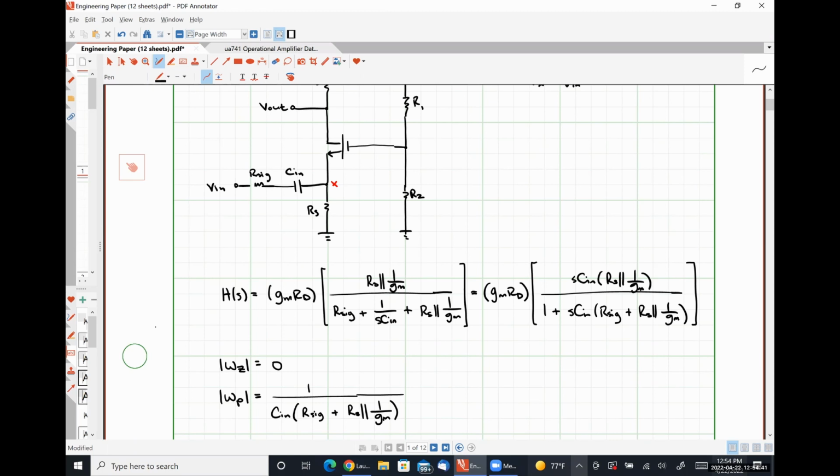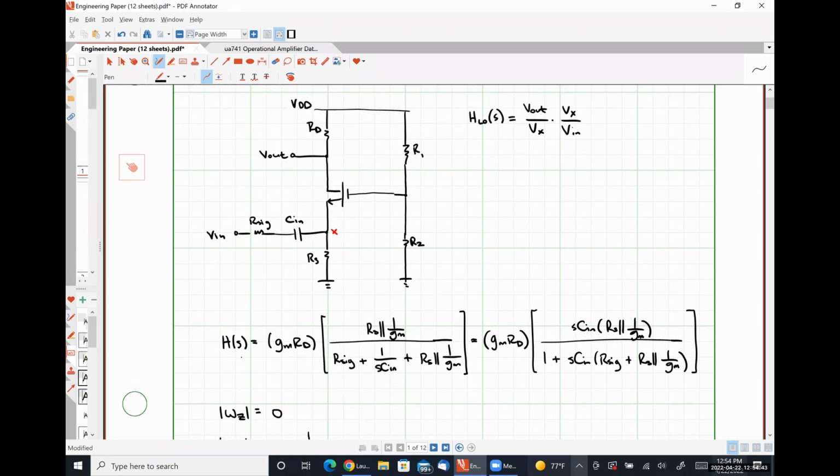If we had some sort of capacitive coupling to a load resistance at the output, we would wind up introducing another pole into our transfer function, right?